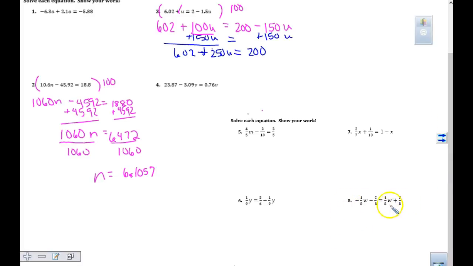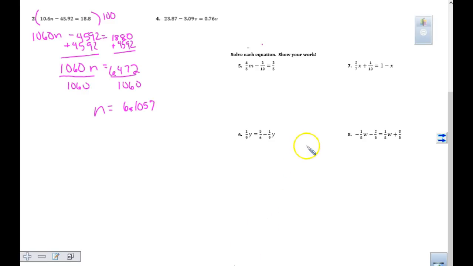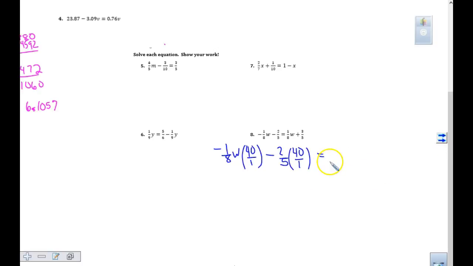So I look at my common denominators of 8 and 5, and I'm going to multiply each thing by 40. So when I am doing that, I have a negative 1/8 w, and I'm taking it times 40 over 1, minus 2/5 times 40 over 1 equals, and in this case, I'm going to continue.